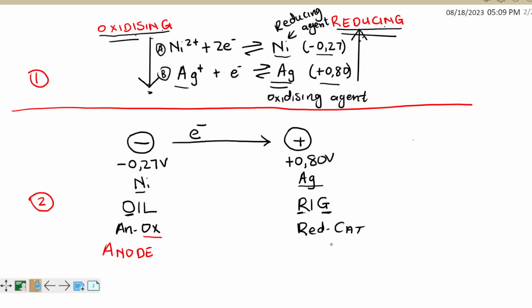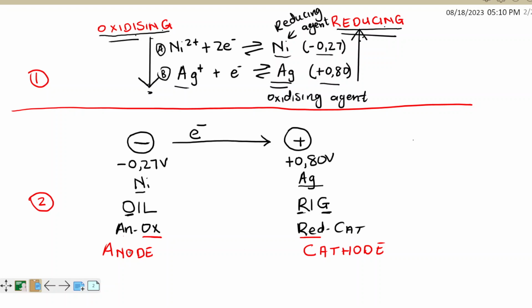Red Cat means the reduction is taking place on the cathode. So An Ox means oxidation is taking place on the anode. Red Cat means reduction is taking place on the side of the cathode.